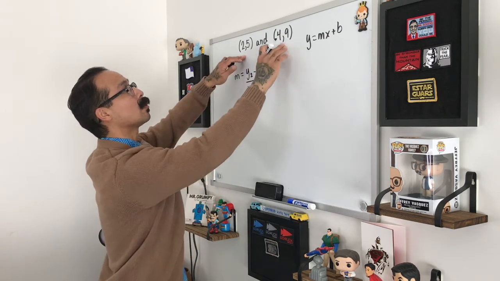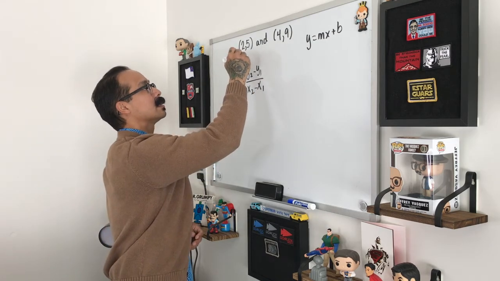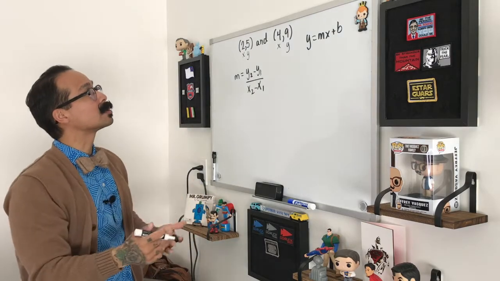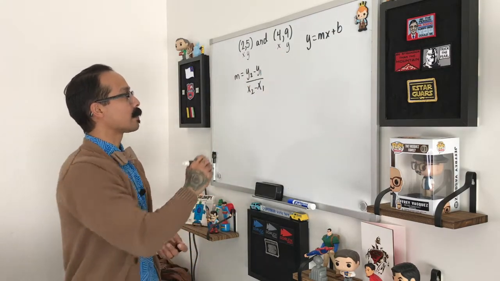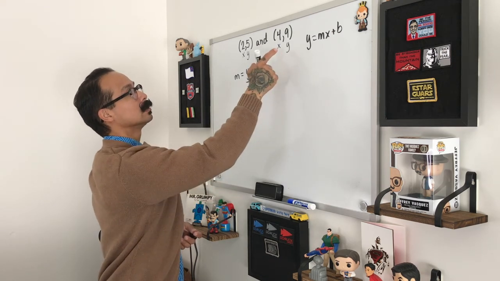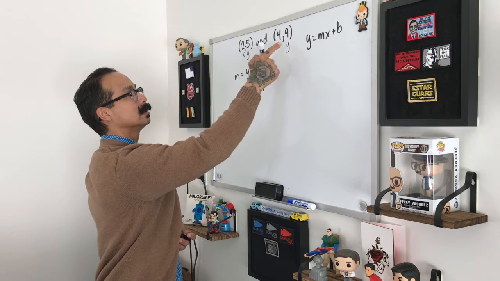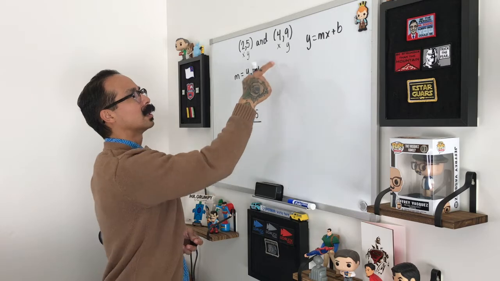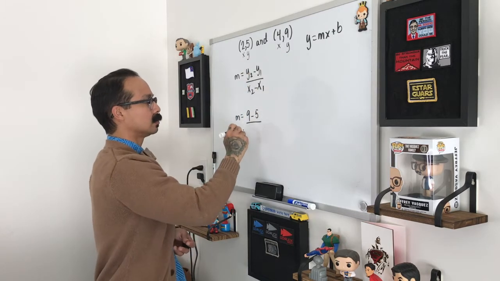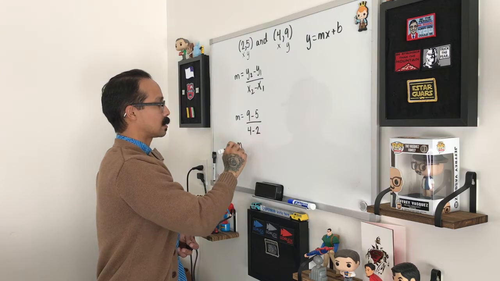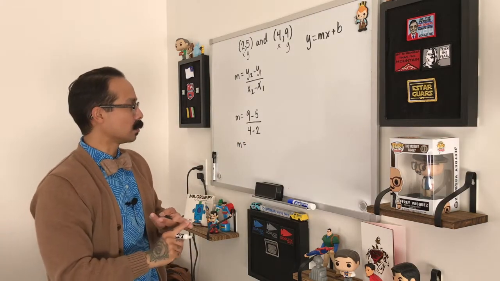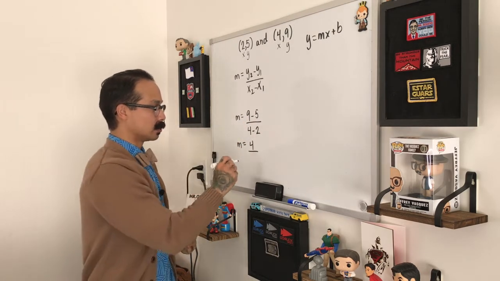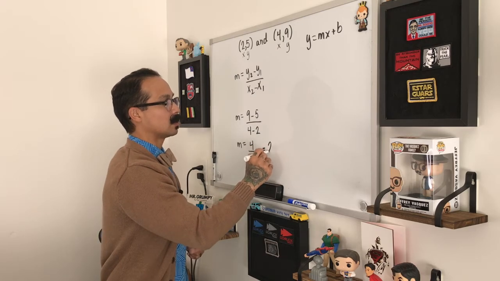And since I'm given 2 ordered pairs, I can simply go ahead and annotate these to help me remember which are my x values as opposed to my y values, and then I can just substitute. m is equal to y2 minus y1, that's 9 minus 5, over x2 minus x1, which is 4 minus 2. Let's simplify: 9 minus 5 is 4, and 4 minus 2 is 2. So my slope would be 2.